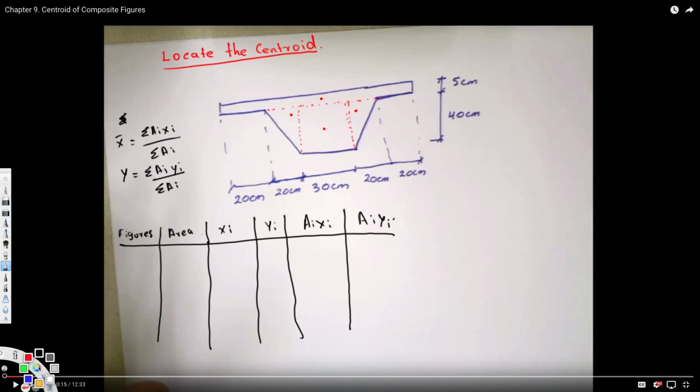In this case, we only need the summation of area, summation of AiXi, and summation of AiYi to calculate x bar and y bar. So let's do this one.